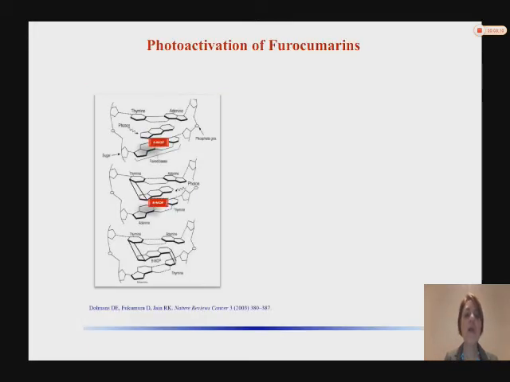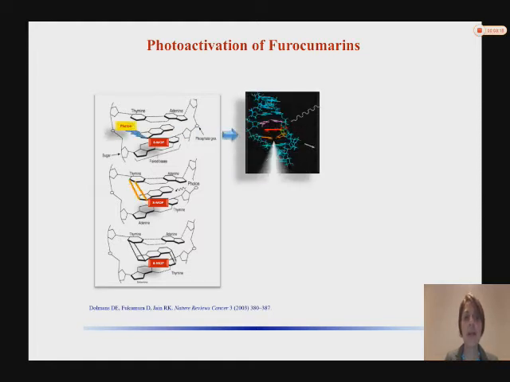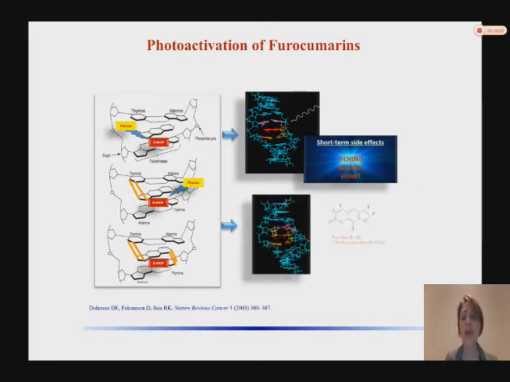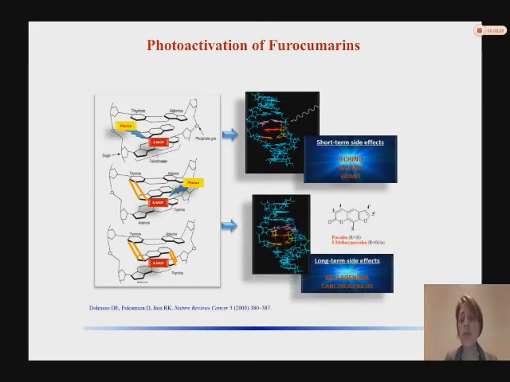In fact, they can intercalate into DNA, and upon UVA light activation, they can give photocycloaddition to DNA, thus producing mono or bis adducts with DNA. And these latter are responsible of severe cytotoxic effects. Angelicin is a promising furocoumarin, since, due to its geometry, it can form only monoadducts with DNA.